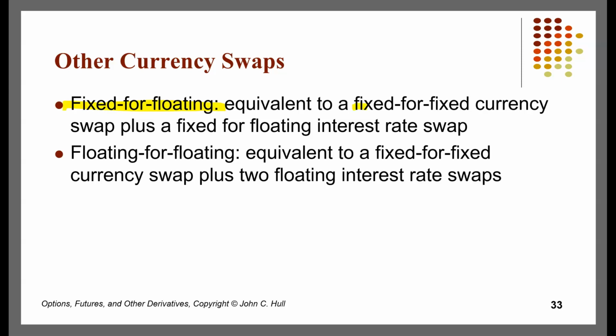That's equivalent to a fixed for fixed currency swap plus a floating interest rate swap that's added to that. We could have a floating for floating currency swap. Again, that's equivalent to a fixed for fixed plus two different floating interest rates added to the swap. Again, these are explained a little more, but we're not going to go through an example of working on this. The fixed for fixed was what we wanted to play with.